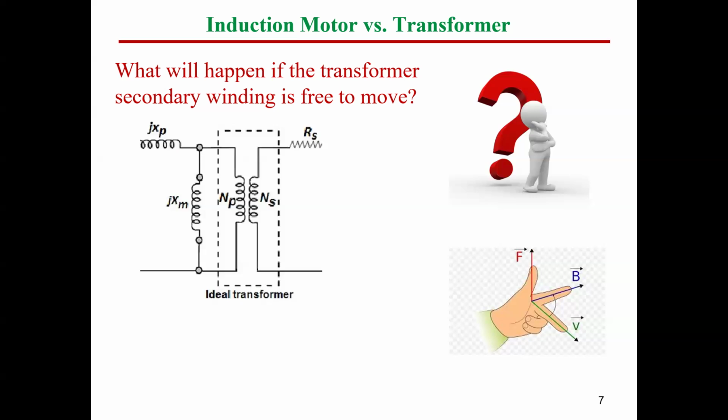They have to be tight enough because the mechanical force on these windings may unscrew the nuts of the transformer terminals. So we have to check these bushings and nuts from time to time. So this is the concept now. By the same concept, we expect that the induction motor is going to rotate because the secondary winding, or the rotor winding, is free to move.